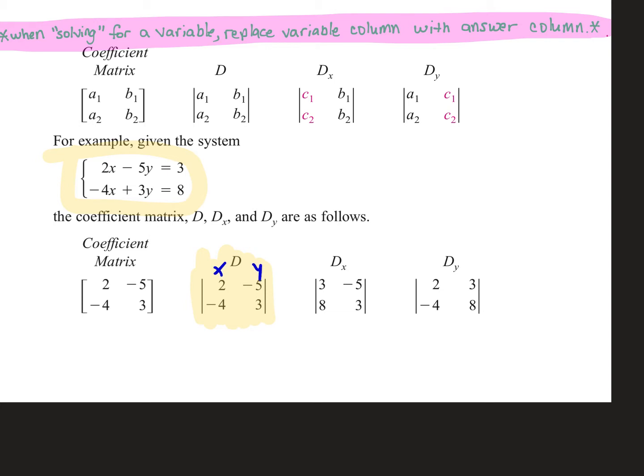Then to help us find our x, we replace the x column with the answer column. And then when we solve for y, we replace the y column with the answer column. So we're finding the determinant 3 times when we have 2 variables.